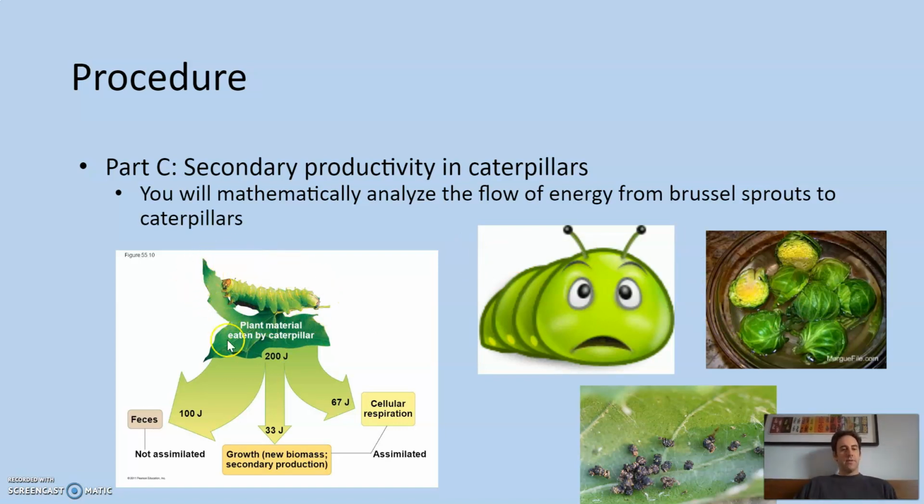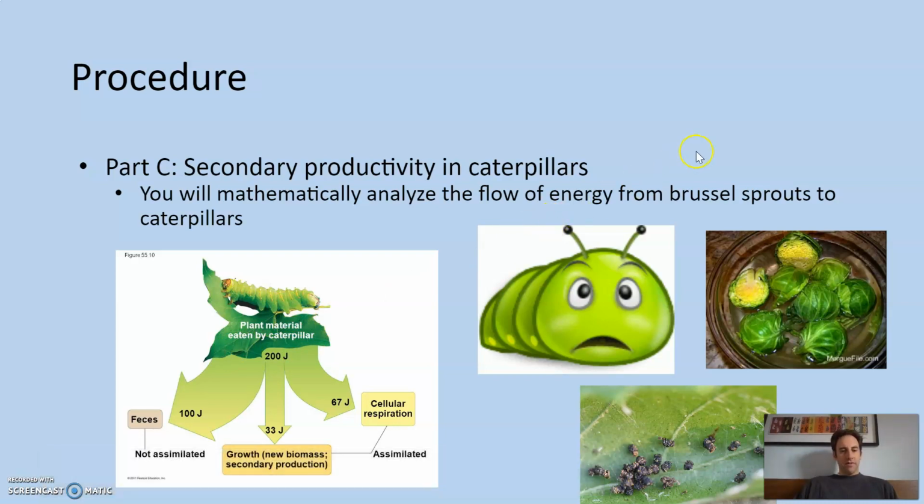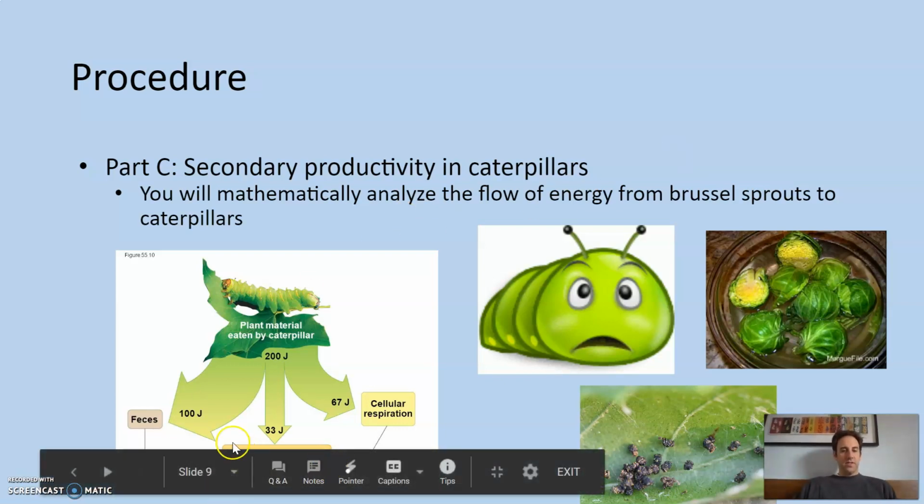So a caterpillar eats the Brussels sprouts or the plant material, and let's suppose it gets about 200 joules worth of energy there. Well, not all of that 200 joules is converted into new caterpillar. In other words, if a caterpillar eats a gram of Brussels sprout, it won't add a gram of mass. In fact, this calculation shows it's about 33 joules of energy that is actually used to make more mass.